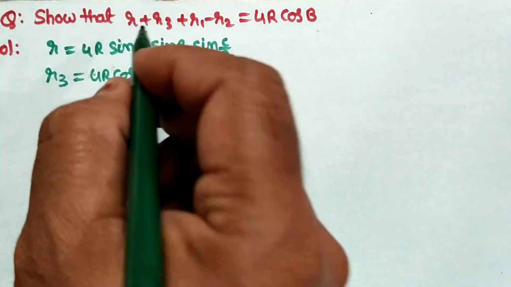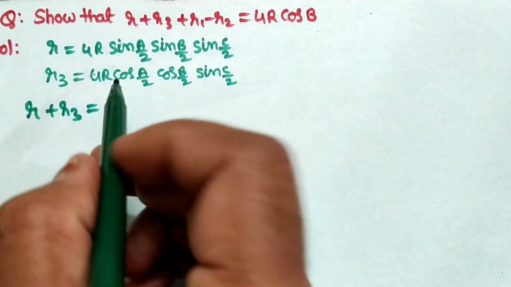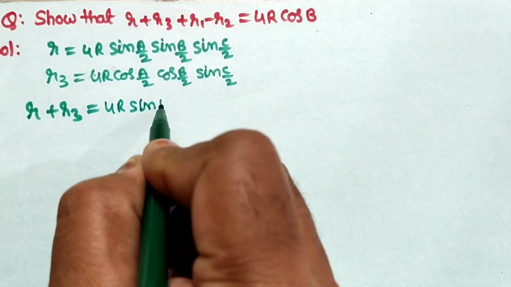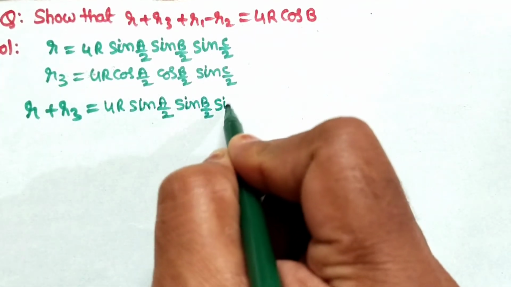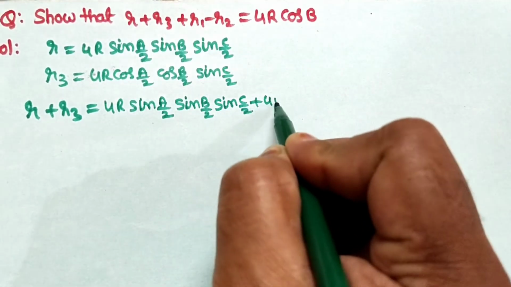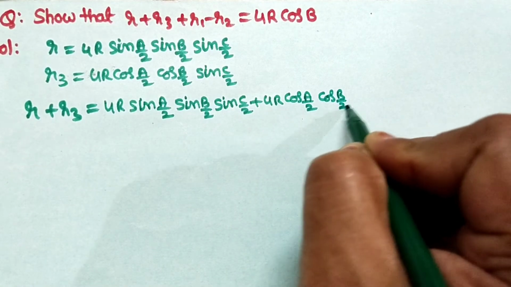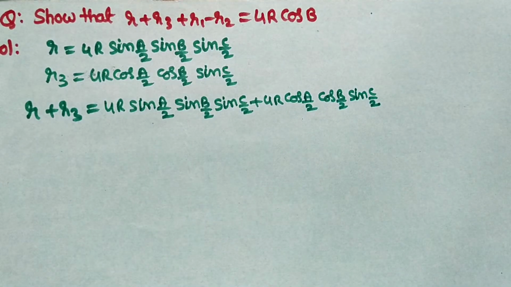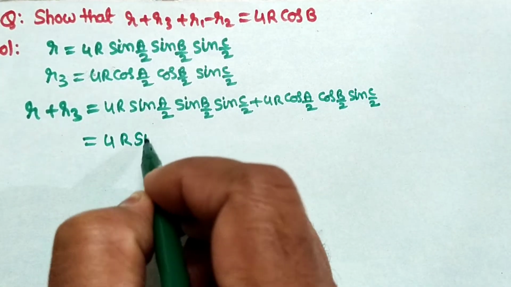So now consider r plus r3. Adding these two: 4R sin A by 2, sin B by 2, sin C by 2, plus 4R cos A by 2, cos B by 2 into sin C by 2. In these two terms, take 4R sin C by 2 common.